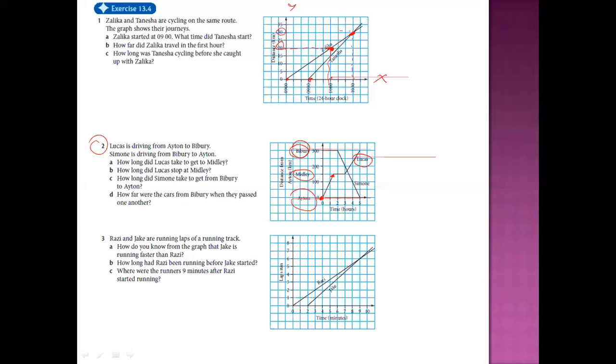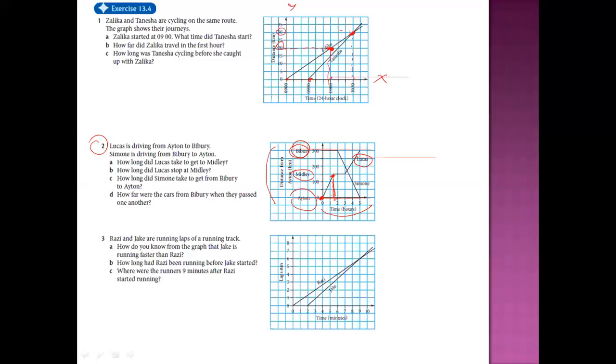As you see here, the time and the distance for Lucas and Simon. So after 1.5 hours, Lucas went to Midley in 1.5 hours, because between 1 and 2 is where we have 1.5.